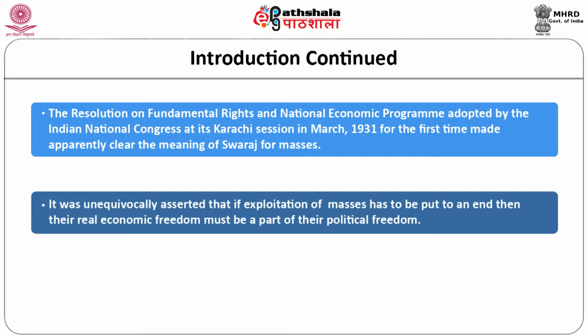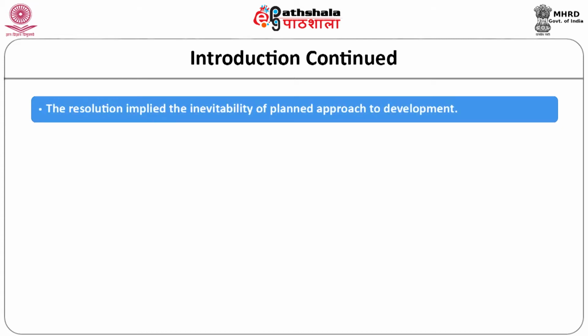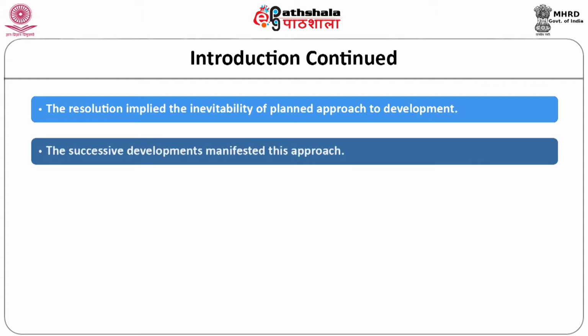It was unequivocally asserted that if exploitation of the masses has to be put an end to, then their real economic freedom must be part of their political freedom. The Karachi resolution greatly influenced the later political and economic program of the Indian National Congress. The resolution implied the inevitability of a planned approach to development. The successive developments manifested this approach.